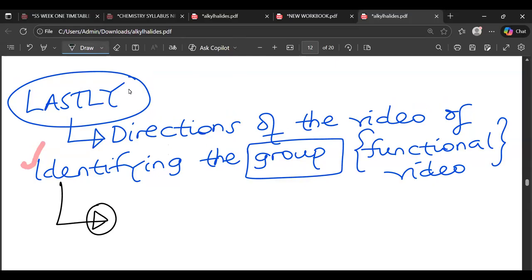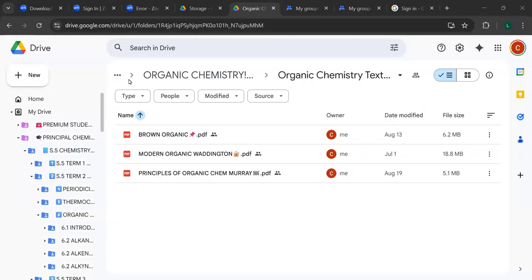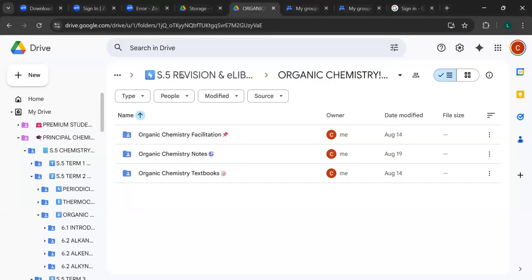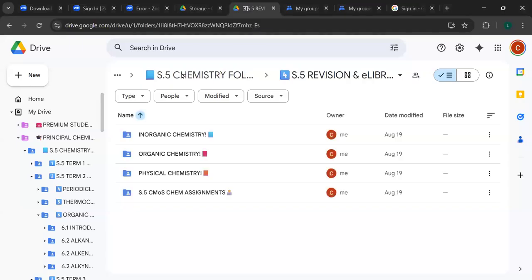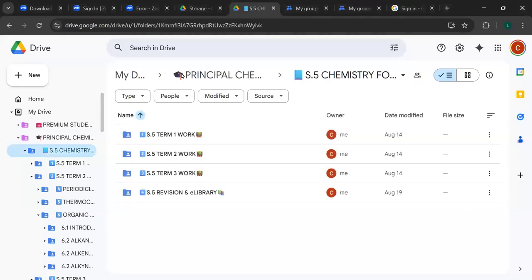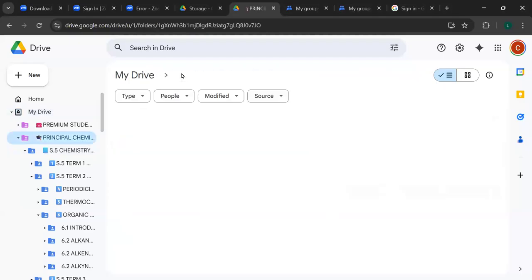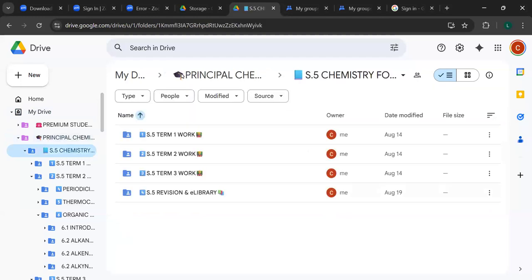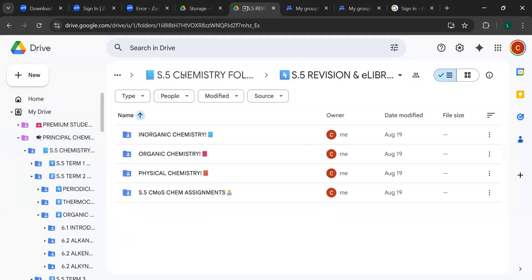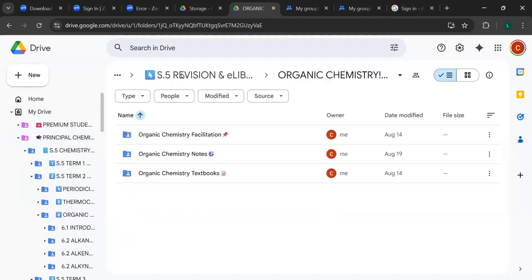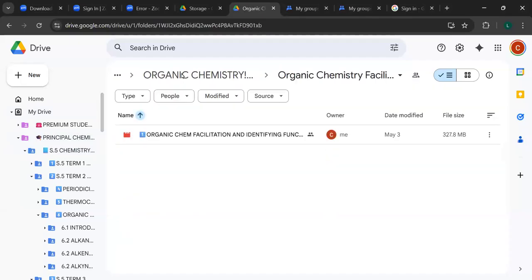Where is it? It's here. Hope you can see it. I think it is still under organic chemistry. When you go to the principal chemistry folder, then senior 5 chemistry, then revision and e-library, then organic chemistry, then organic chemistry facilitation.